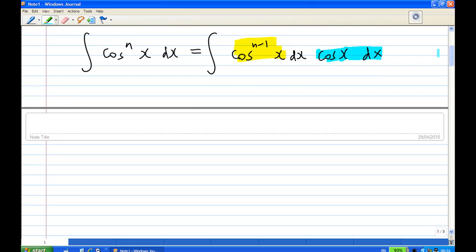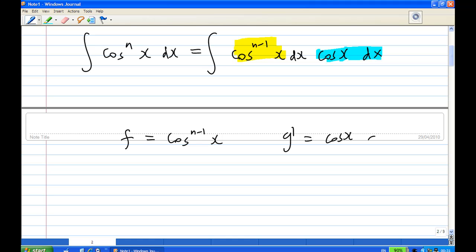So let me set here: f of x is cosine power n minus 1 x, g prime of x is cosine x dx. So I can now find f prime by differentiating. Bring down the power n minus 1, cosine power n minus 2 x, and then differentiate cosine x to get minus sine x.